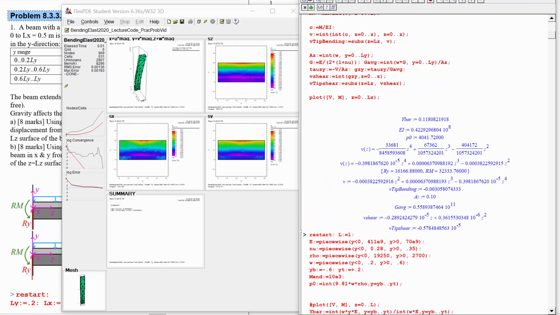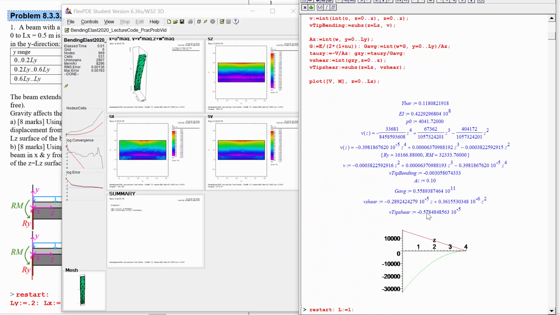Let's see. So it says that the tip displacement from shear should be a relatively small correction, only about 5.8 microns. So it really doesn't add much to what's going on here, and explain much about the difference.